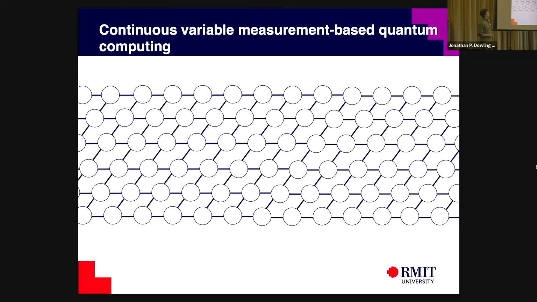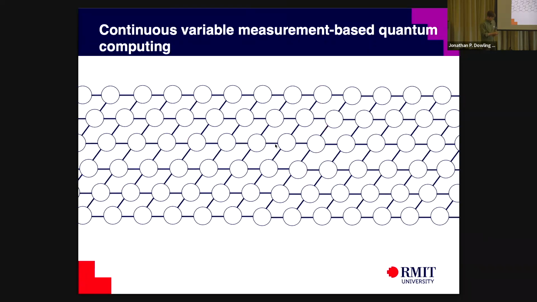So this is a cluster state. You've seen them over the past two talks. Ben and Nick showed you examples of them. Essentially, all of these nodes here are zero momentum eigenstates. They could be GKP states, though, as Ben talked about. But for the moment, I'm just talking about them being zero momentum eigenstates connected by some entanglement operation between them.